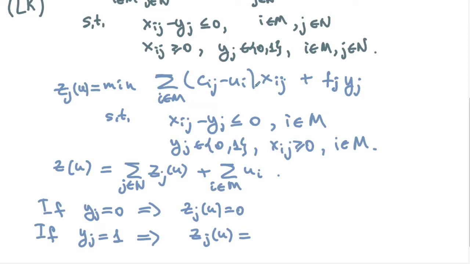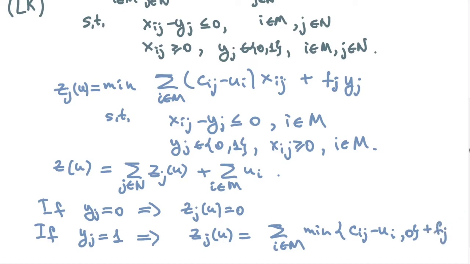Otherwise we should set xij to 0. So therefore zj of u is going to be equal to the summation of the minima of cij minus ui and 0, where the summation is over all the i's in M, plus fj.